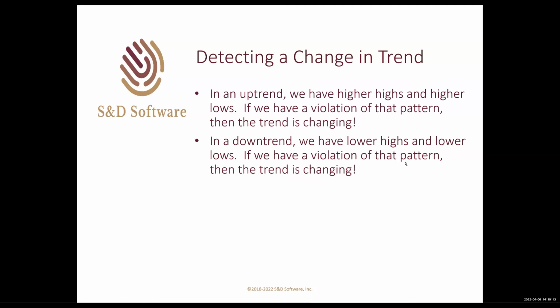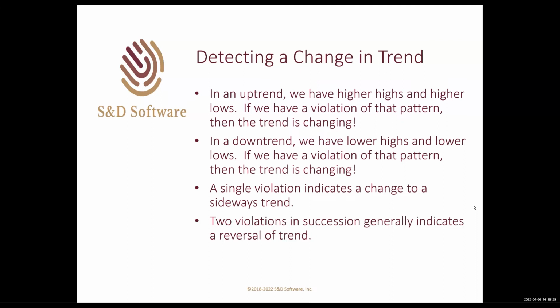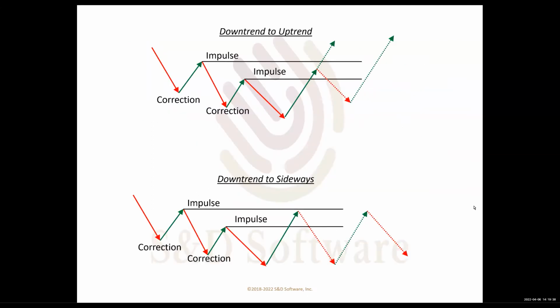So again, the highs and the lows here, we're talking about those moves. And a single violation of the pattern generally indicates we're moving into a sideways trend. And two violations in succession generally indicates a reversal of the trend.